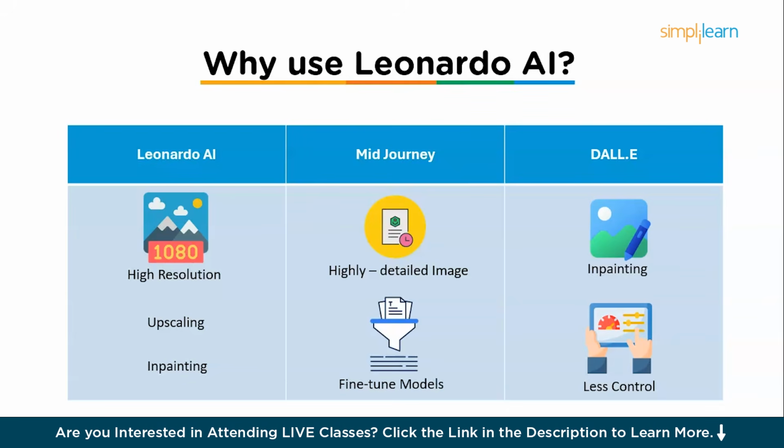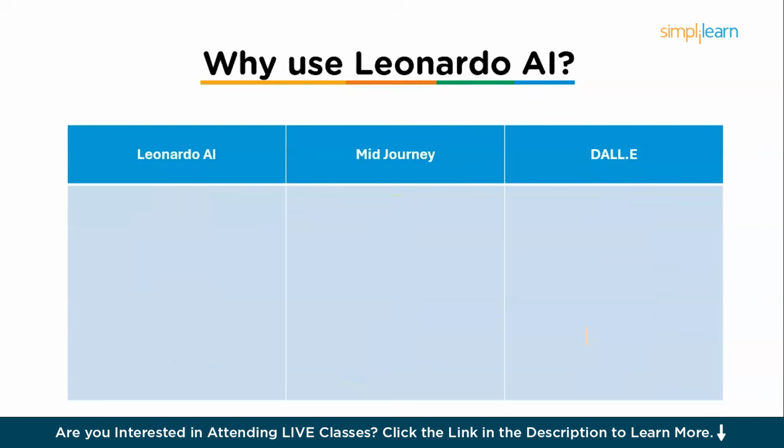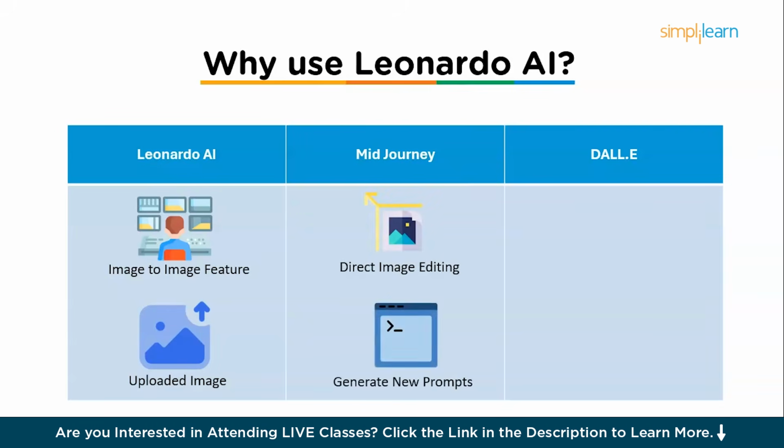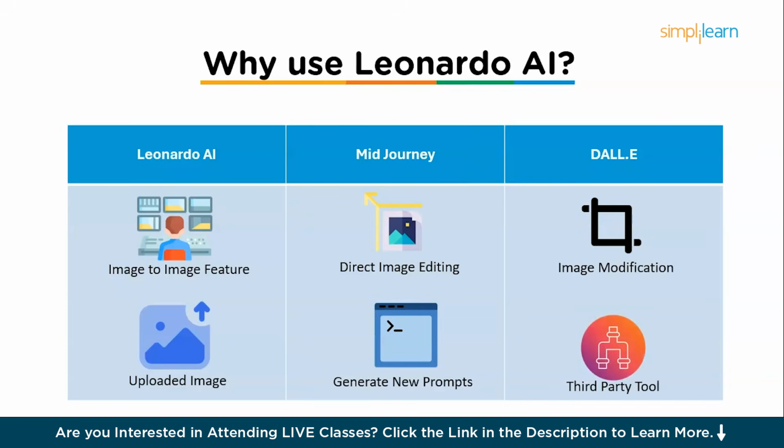Now moving on, we will discuss on the basis of image to image editing. Leonardo AI offers an image to image feature, letting users modify an uploaded image while keeping the key details. Then Midjourney lacks direct image editing; users must generate new prompts. Then Stable Diffusion allows image modification, but it requires third-party tools.